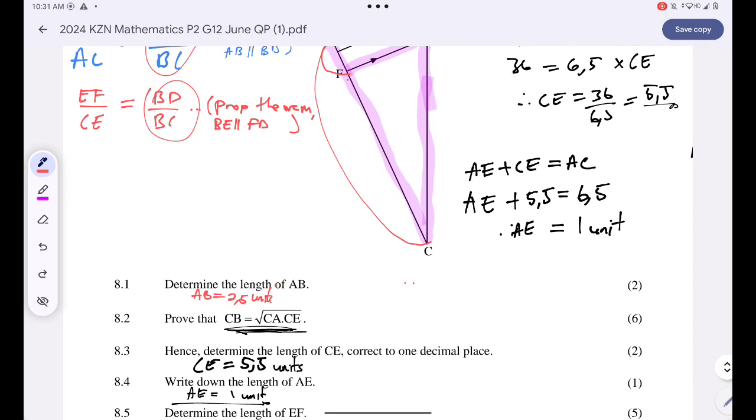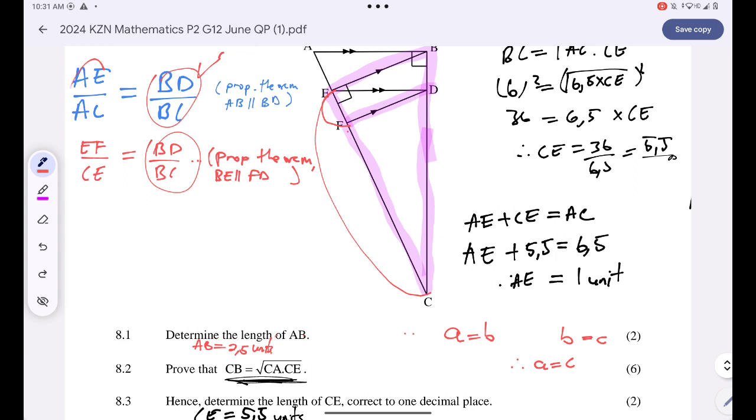In maths, guys, we do know that if A is equal to B and B is also equal to C, I can therefore conclude that A is equal to C. Same applies here. If this ratio is equal to BD over BC, and the other ratio is also equal to BD over BC, I can therefore conclude that AE all over AC is equal to EF all over CE.